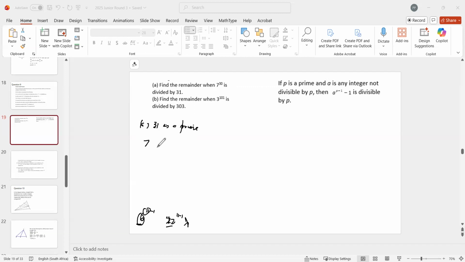And 7 and 31 are co-prime. What we really want to say is, 31 is not a multiple of 7.